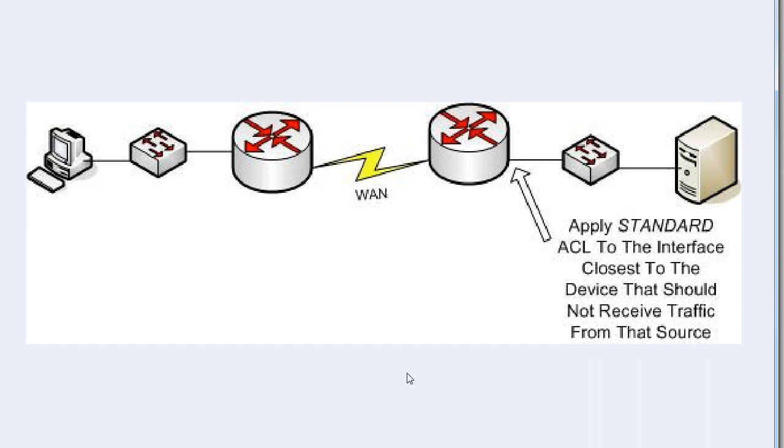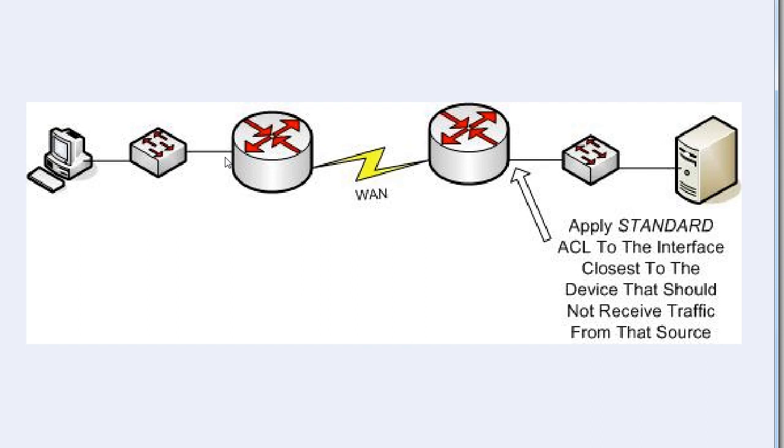Again, my first instinct when I was learning about ACLs was, well, it always goes here. There's no reason to put it anywhere but on this interface. Unless a certification exam or a job interview or a practice exam makes you use a standard ACL. In that case, you've got to put it on the interface closest to the device that shouldn't receive traffic from that source. Why?